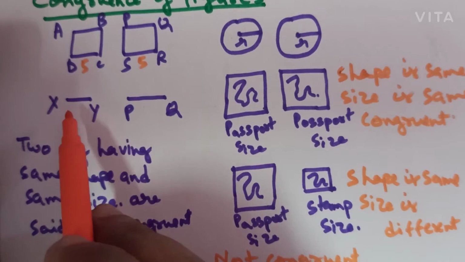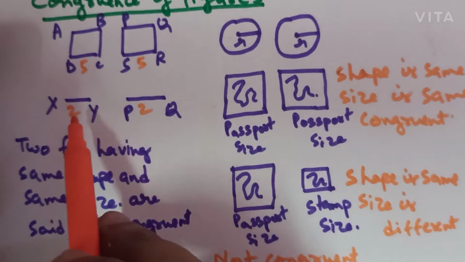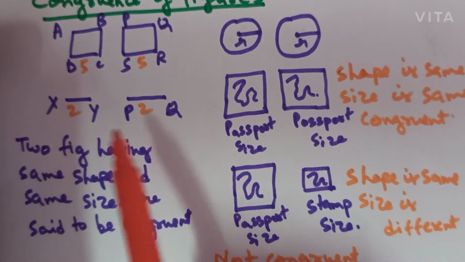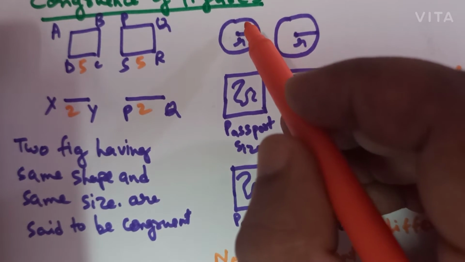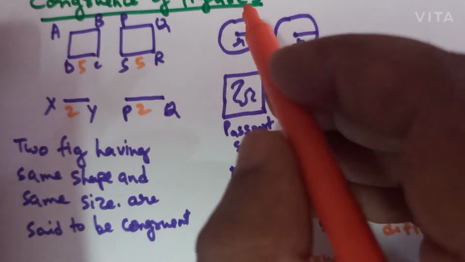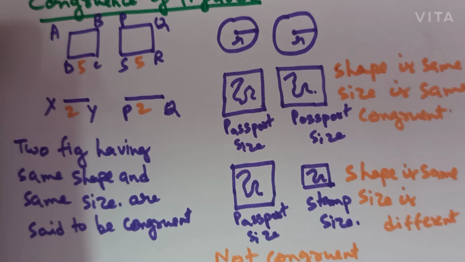Similarly, two line segments of 2 centimeters each are congruent. Similarly, two circles with the same radius r are also congruent with each other.